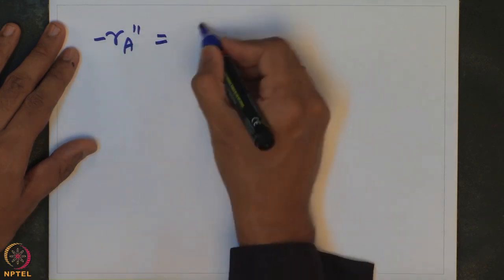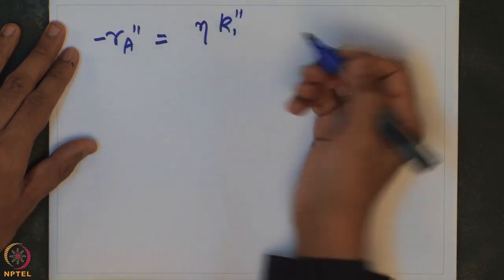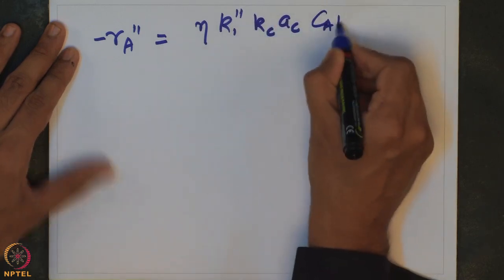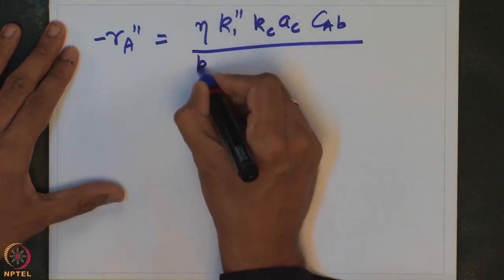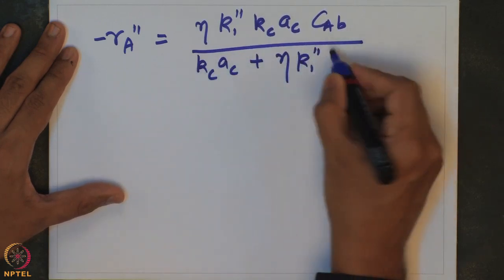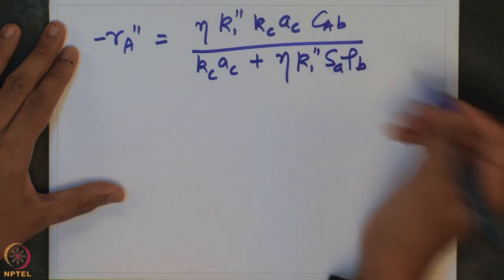The balance that we wrote earlier, which gave the overall rate at which the reaction happens, is given by eta into the intrinsic kinetic rate constant divided by Kc into Ac plus eta K1 double prime SA into rho b.